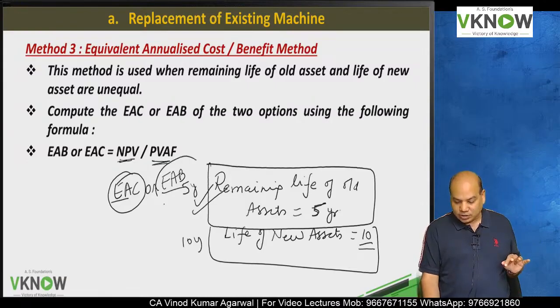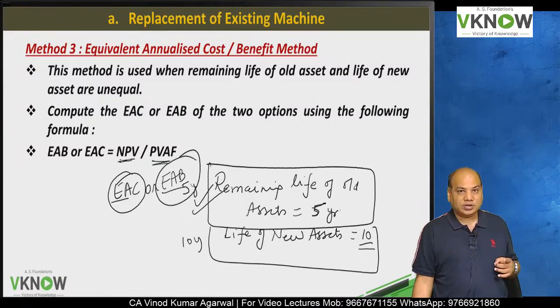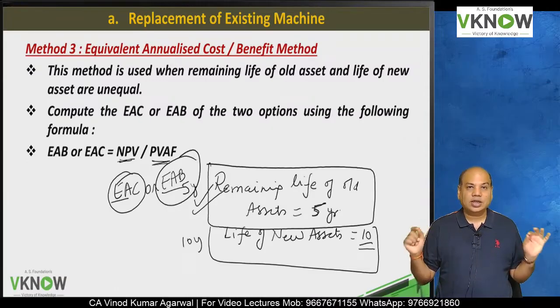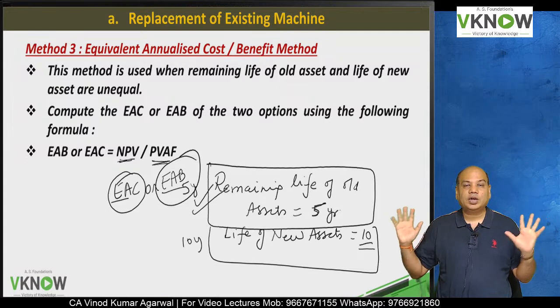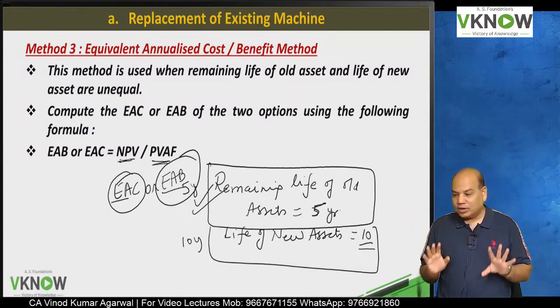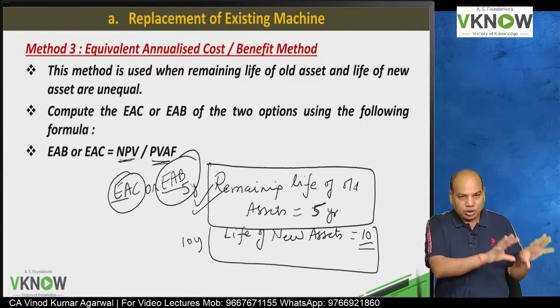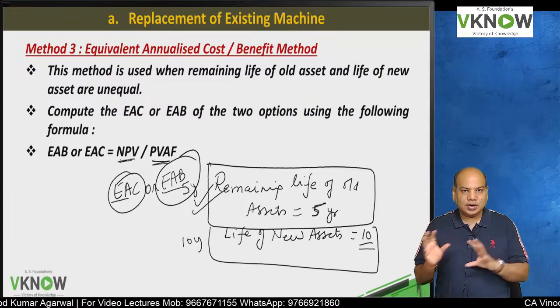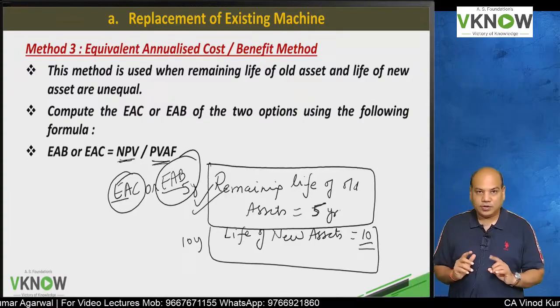If my objective is benefit maximization, then I will choose the option which has higher EAB, that is where benefit per annum is more, and that way we will take a decision when we are comparing old asset and new asset, where the life of the old asset and the new asset are different.